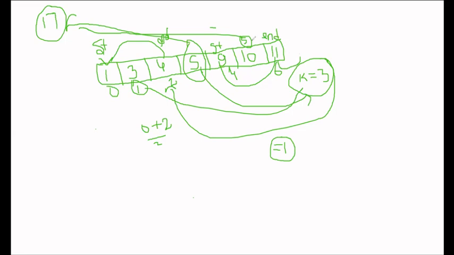So start and end are at the same position. Start will be 6 and end will be 6. So 6 plus 6 divided by 2, mid value will be 6 only. So 11 will be compared with 17. That is not equal, and 17 is greater than 11, so it should lie after 11.